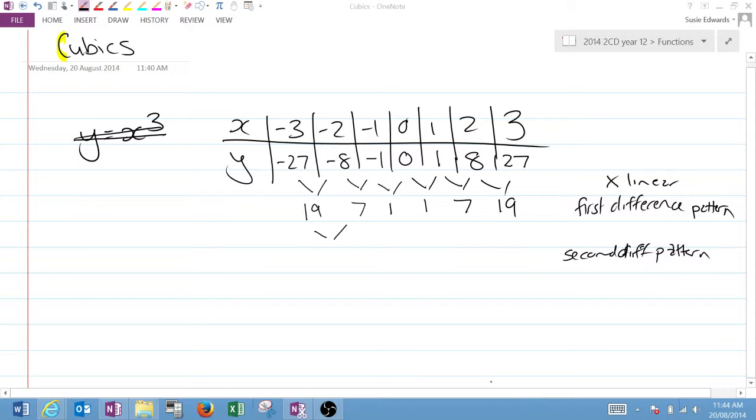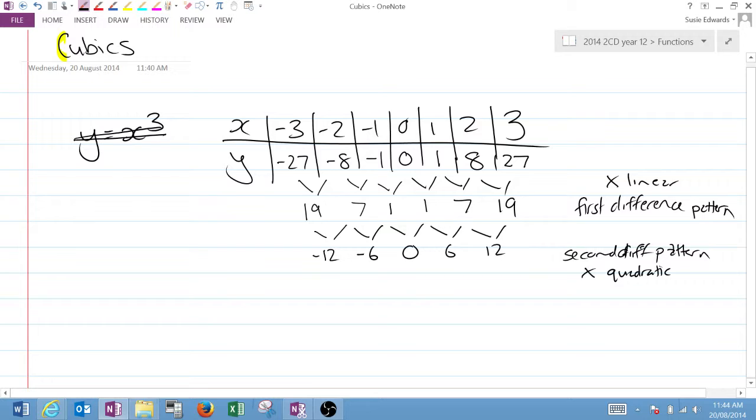I took away 12, right? What about 7 to 1? Take 6. 1 to 1? 1 to 7? 7 to 19? 12. Are they all the same number? No, so therefore it's not quadratic. And that's how you check if something's quadratic.